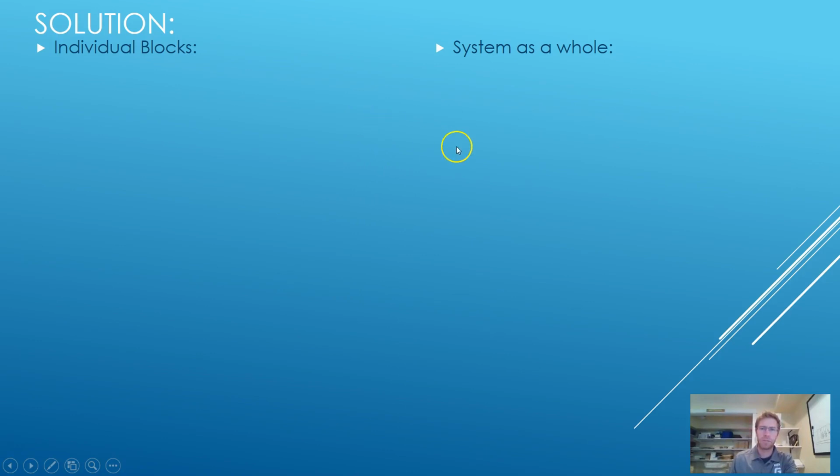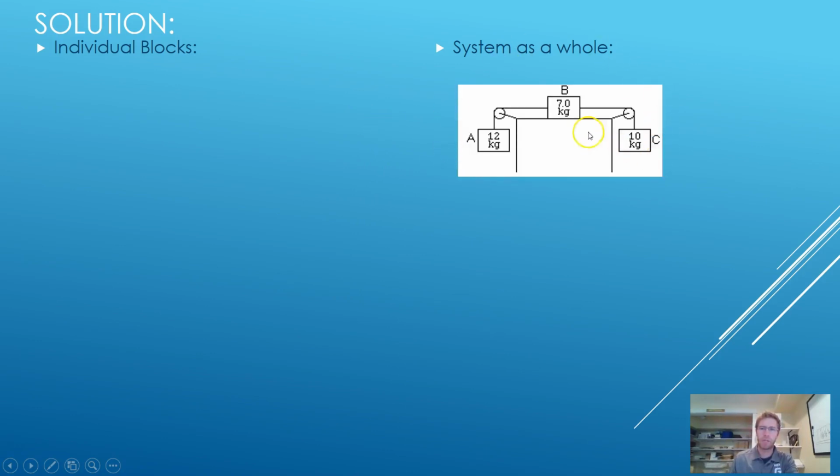If you deal with the system as a whole, you're going to look at all of the blocks together as one piece. You're going to say, I have these three blocks that are all moving together. You may or may not know the direction it's going to move straight away. In this case, you should be able to already determine which way it's going to move. But if you don't, that's okay. You just pick a direction.